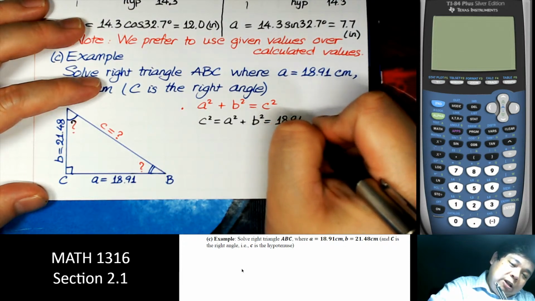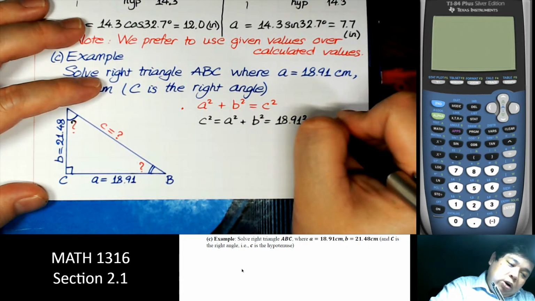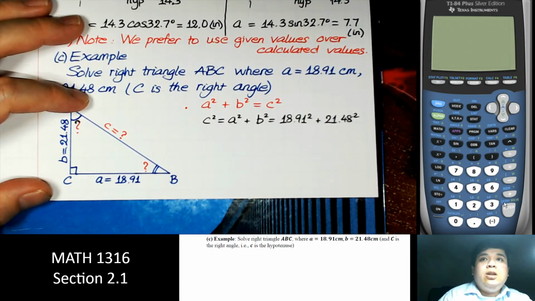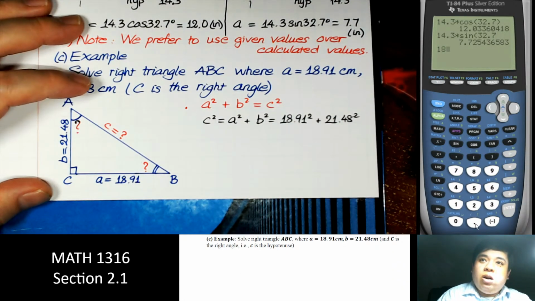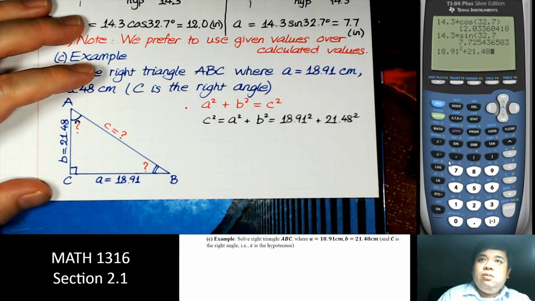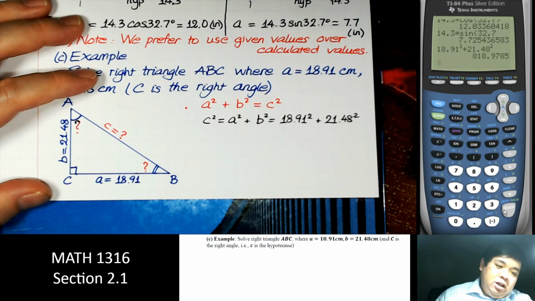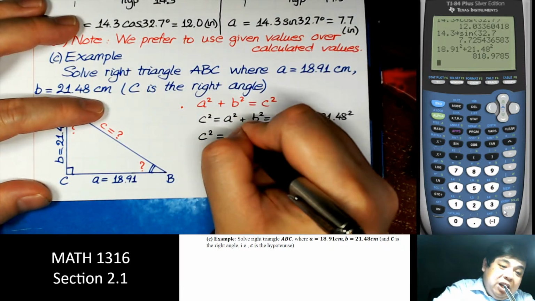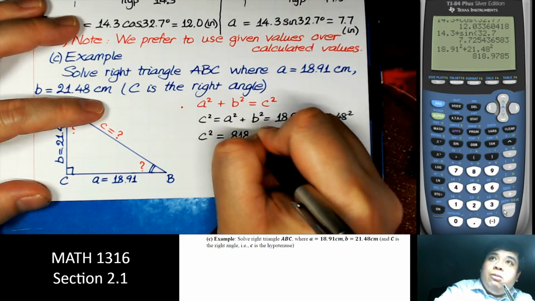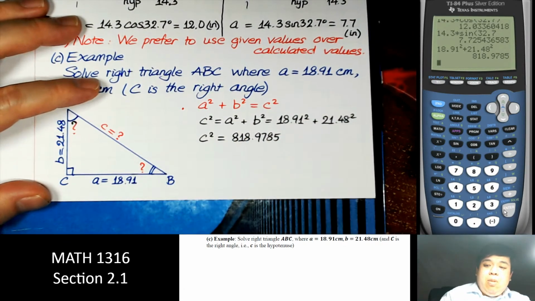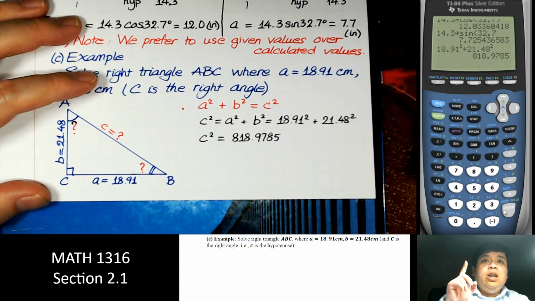18.91 squared plus 21.48 squared. Now, in the middle of a calculation, even though we only write a few digits, we use the numbers that are given.